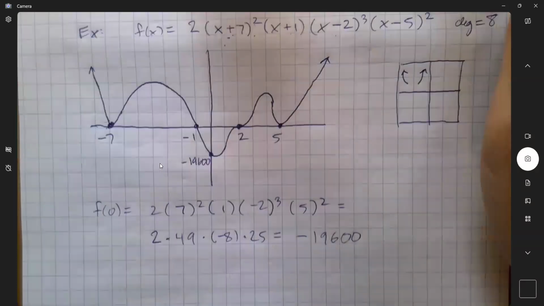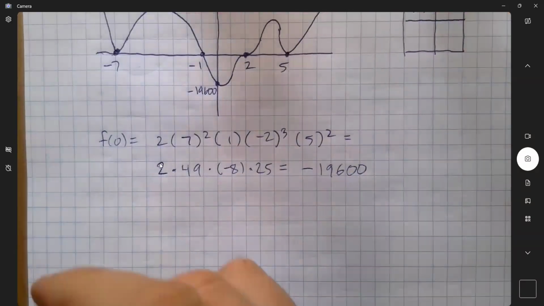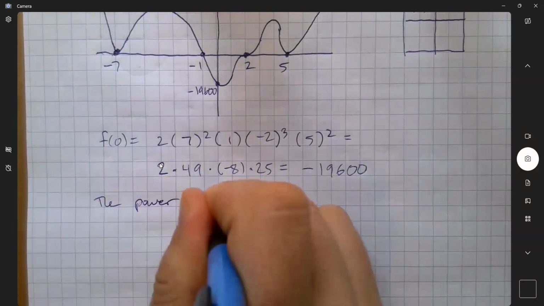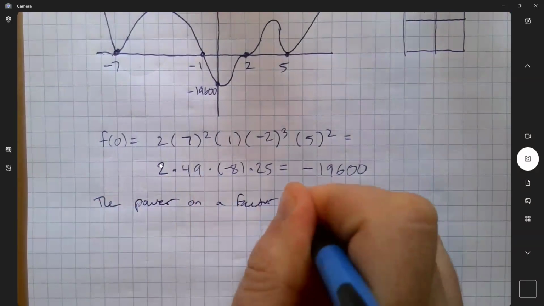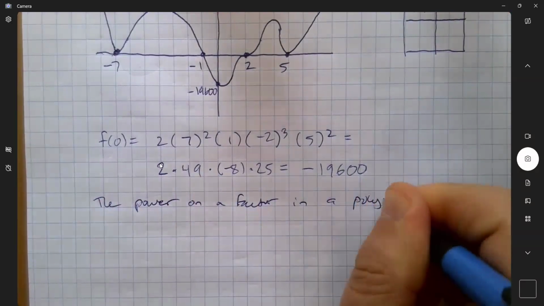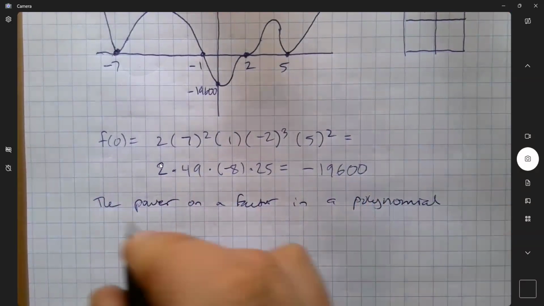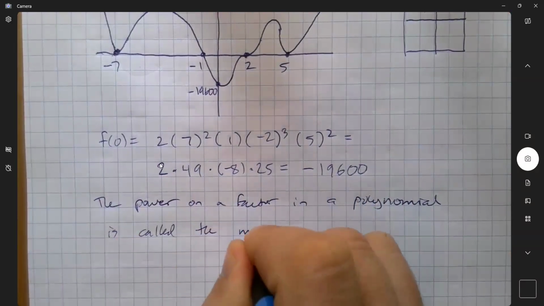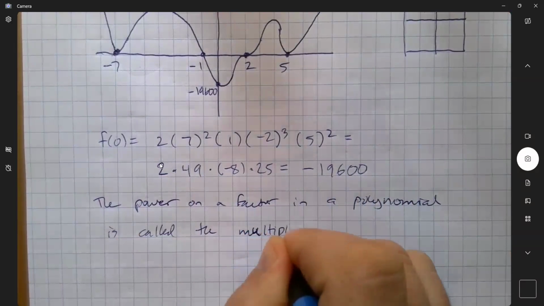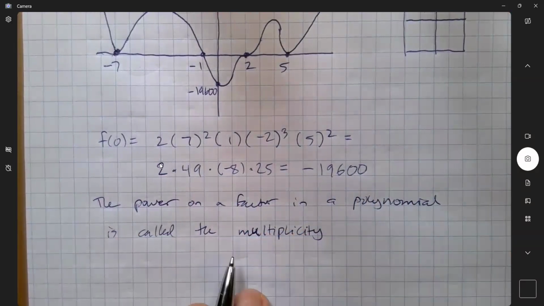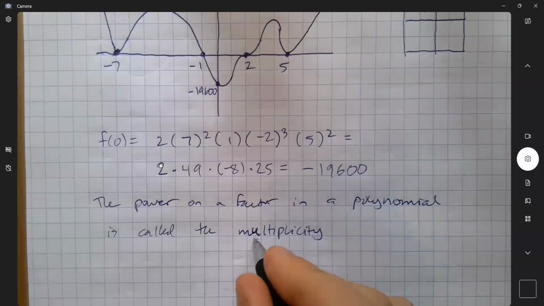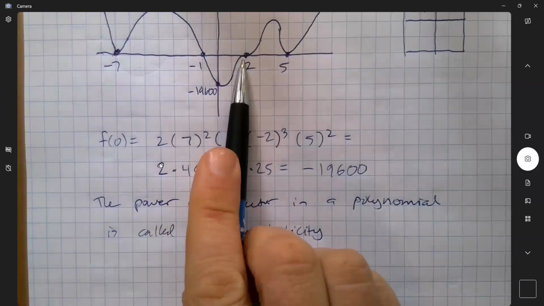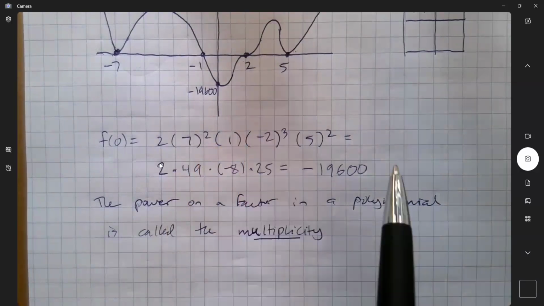All right, one last thing that I forgot to say, and it's just jargon. The power on a factor in a polynomial is called the multiplicity, which just means how many times the factor shows up. So you might see that the behavior depends on the multiplicity of the factor.